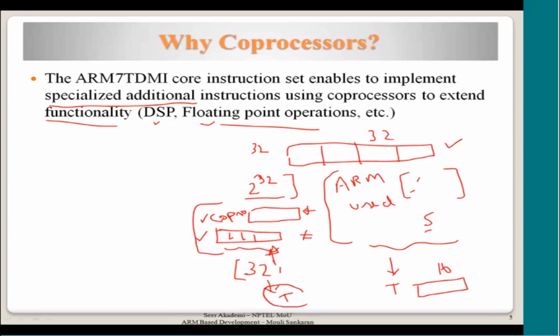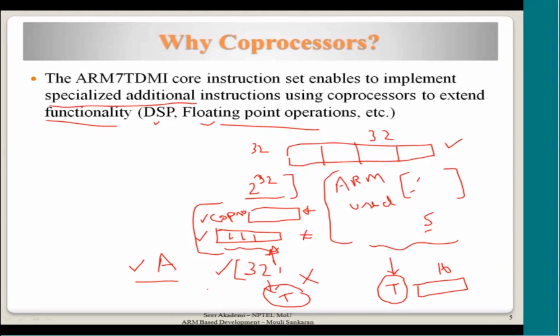It doesn't. So if the ARM processor is in thumb state, then we cannot have any coprocessor instruction being used. One thing you should remember is the coprocessor instructions are all 32-bit wide. So only when ARM is not in thumb state and is in ARM state, can a coprocessor instruction be there.